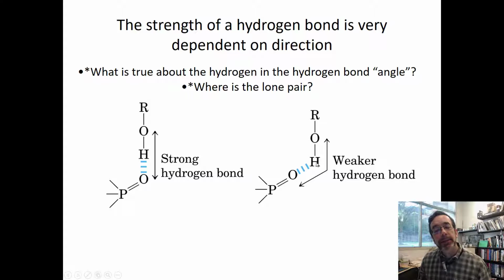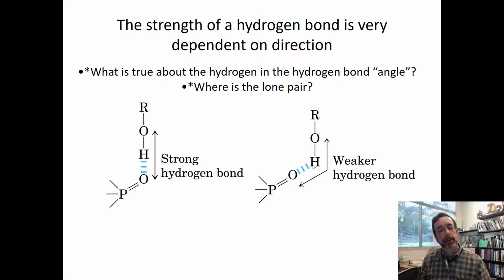If the hydrogen is held off of the line between the two oxygens, that means the plus-minus-plus arrangement is just not as good. It wants to pull it this way. It makes a weaker hydrogen bond because it's not lined up properly. Also think about this. Where are the lone pairs?